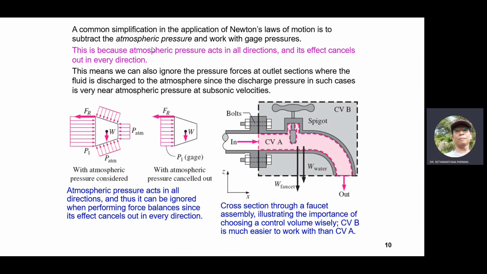Okay, a common simplification in the application of Newton's law of motion is to subtract the atmospheric pressure and work with gauge pressures. This is because atmospheric pressure acts in all directions and its effect cancels out in every direction.